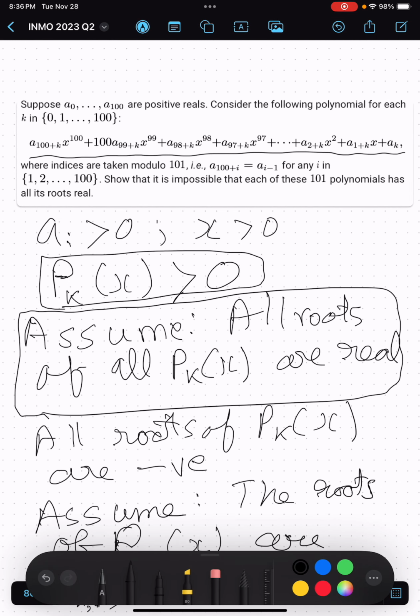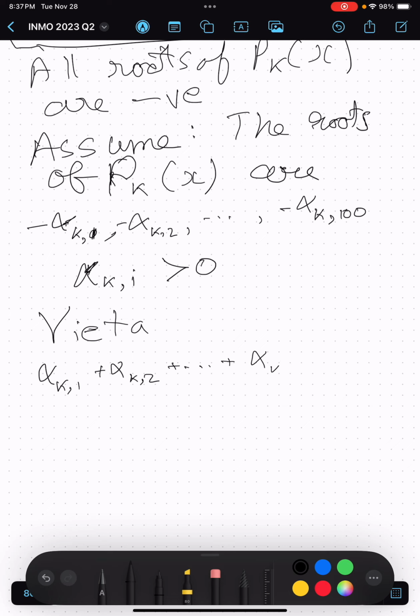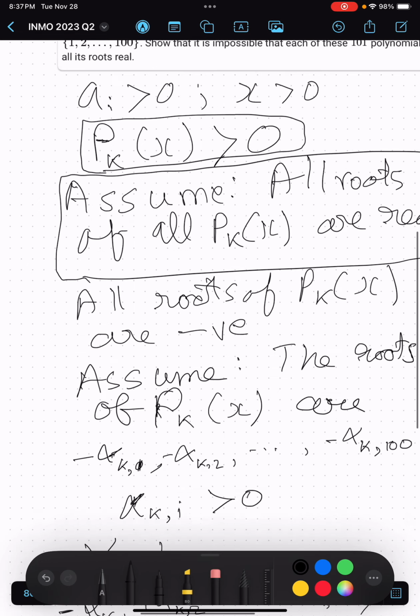For p_k(x), using Vieta, the sum of the roots alpha_{k,1} plus alpha_{k,2} plus up to alpha_{k,100} is the negative of the coefficient of x to the power 99 divided by the coefficient of x to the power 100.